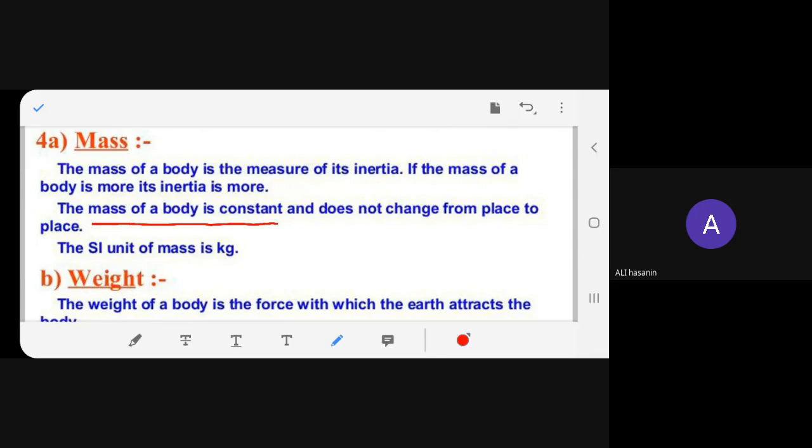If you take it on the moon, in space, or anywhere on the earth, it remains the same. It does not change from place to place. So this is confirmed. And the unit of mass is kilogram. That is also confirmed.